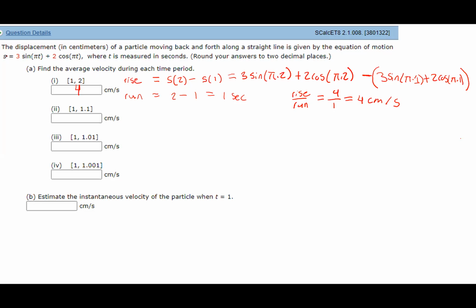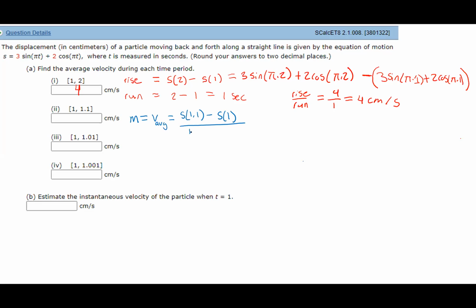So part 2, we'll switch colors. I'll just right away say our slope, or our average velocity, is going to be S of 1.1. So plug in 1.1 into your displacement function. Subtract when you plug in 1 into your displacement. Now you got a new run.